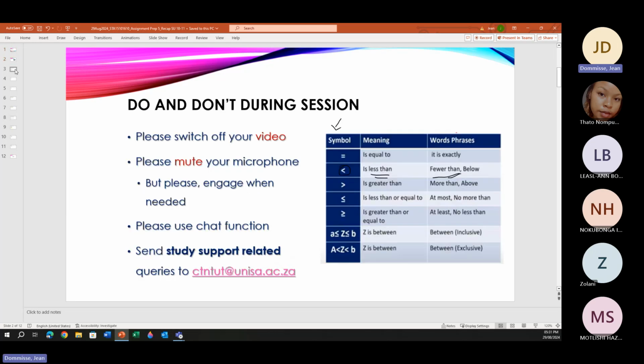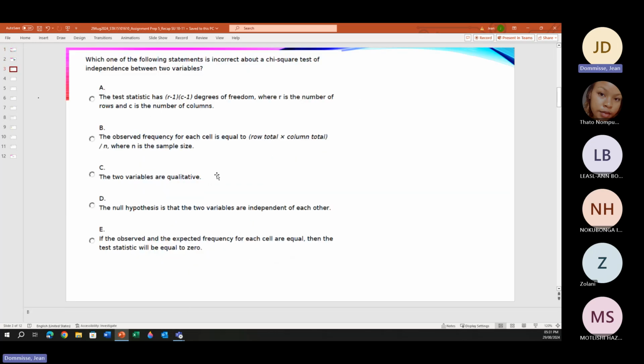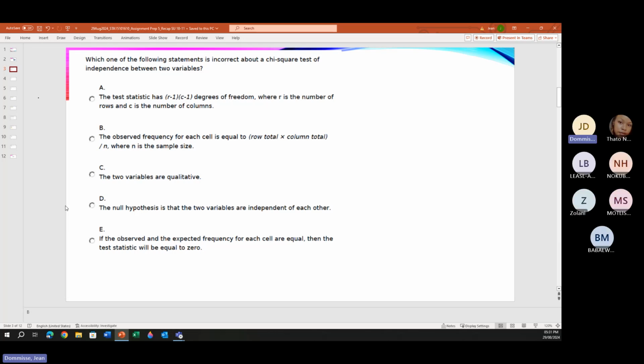Okay, so let's get into some of the questions. Some of it you might have seen before. Some of it is also in the self-assessment, because you will see a lot of questions from the self-assessments over the last few years come through in the assignments and in the exams.